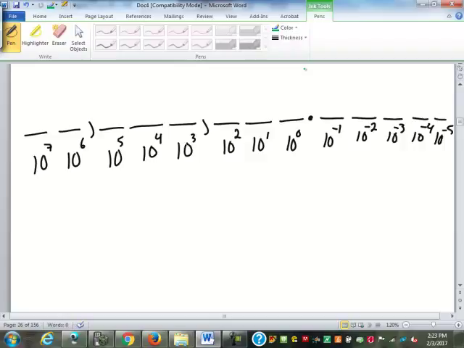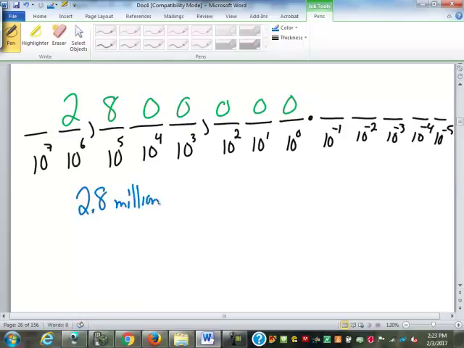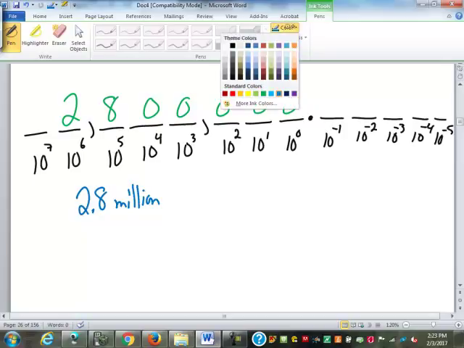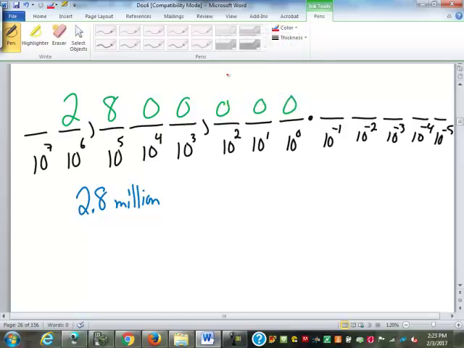So if we put in a number, let's say we put in 2,800,000. A lot of times we will abbreviate that by saying 2.8 million. Well, there's another way we'd express that place value instead of million. We could just say 2.8 times 10 to the 6th.